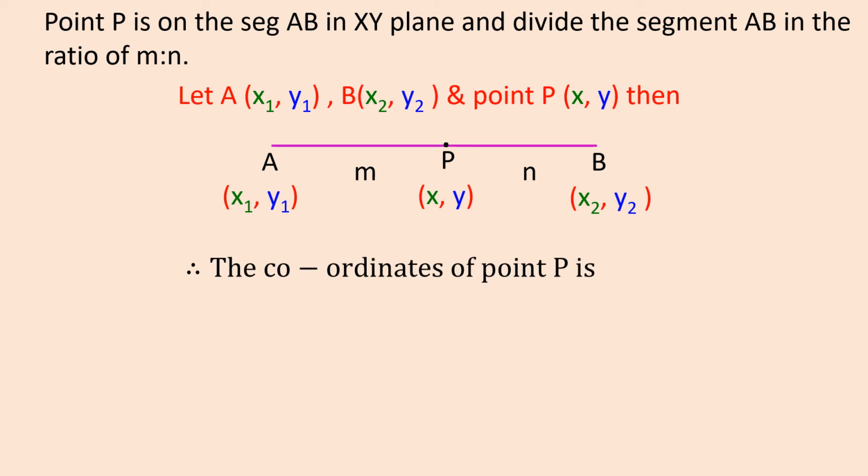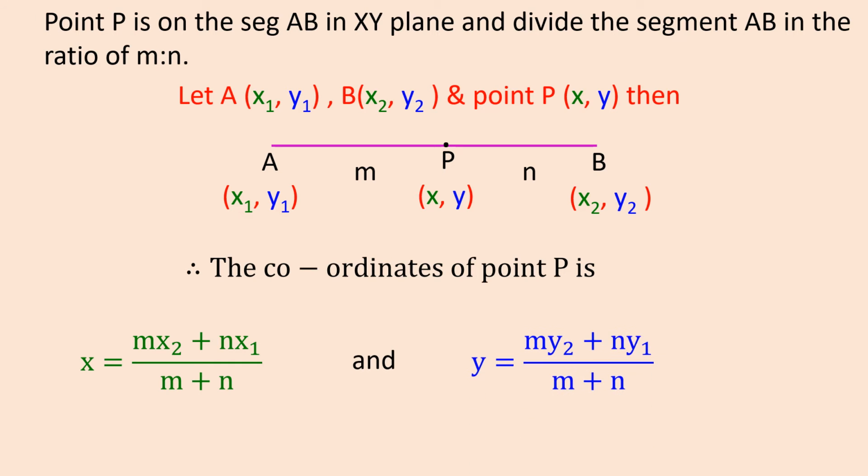If I have to find the coordinates of point P, what will it be? x equals mx2 plus nx1 upon m plus n, and y equals my2 plus ny1 upon m plus n. These two are the formulas to find the x coordinate and y coordinate of point P. This is known as the section formula.